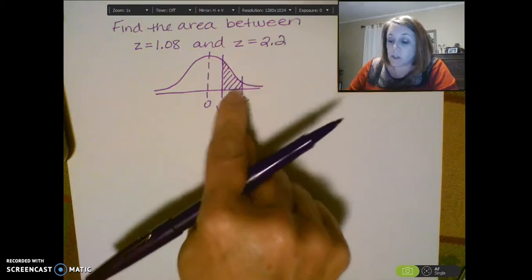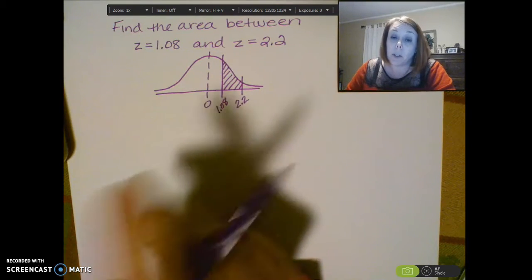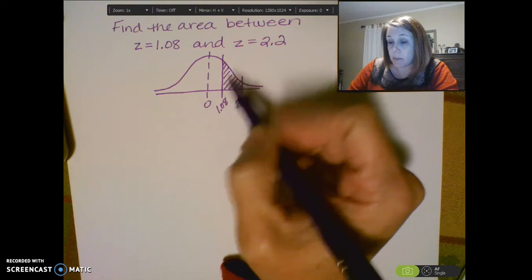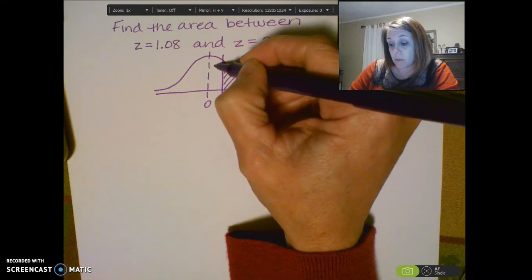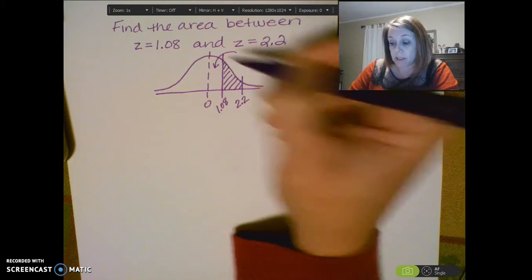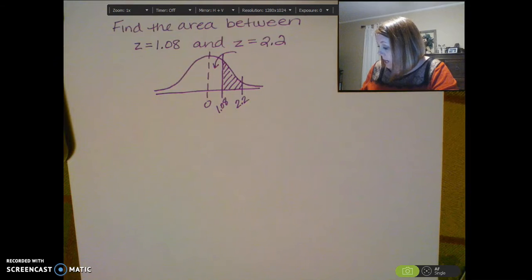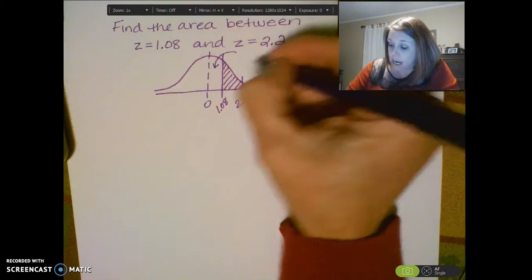Now, in terms of this shaded region, when we use the table, if I was to look up 1.08 in the table, it's going to give me the area here between 0 and 1.08. So let's look that up. 1.08 gives me an area of 0.3599.